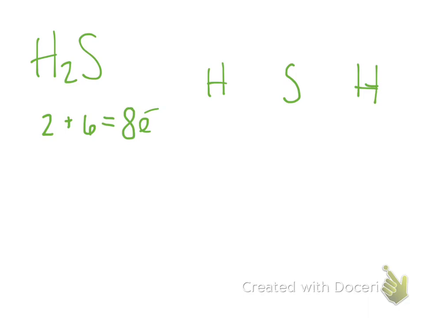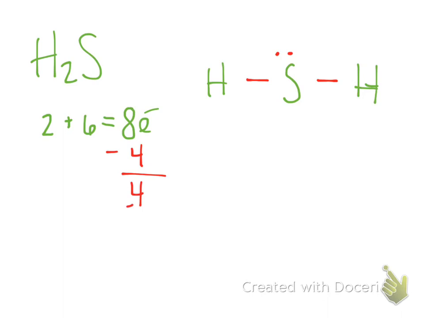Next step is to bond both of these. So we bond here and here. How many electrons have we used in bonds? 4, which leaves us with 4. What do you think an option would be? 2 on top of the sulfur. So here's a lone pair on sulfur.